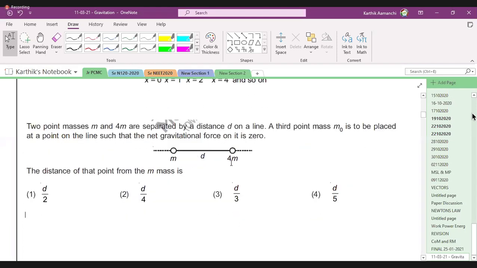This question. So this also we did. Answer is D by 3. Yes, sir. This one we did.